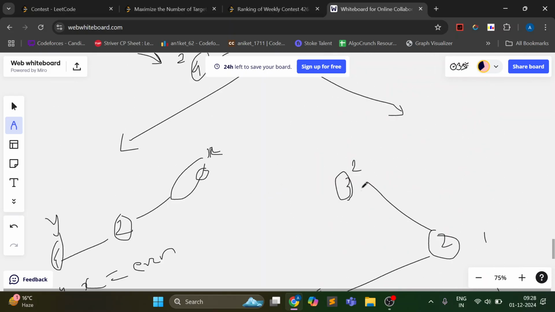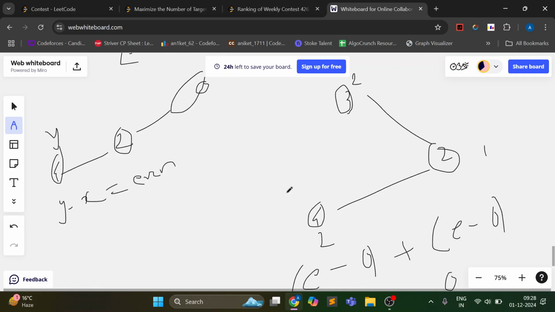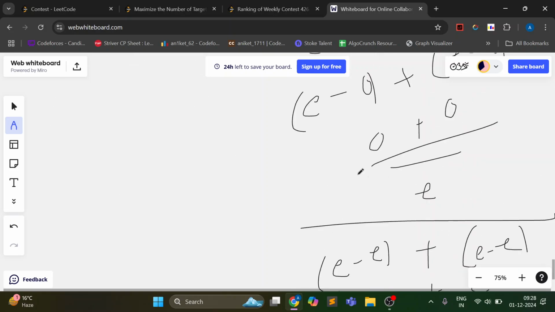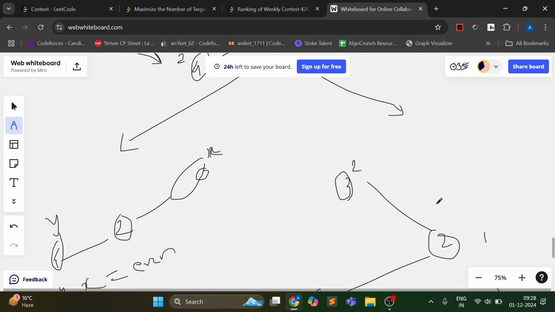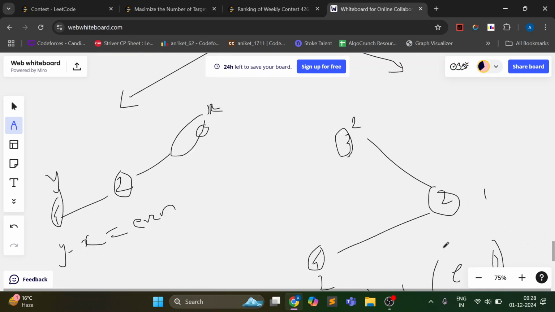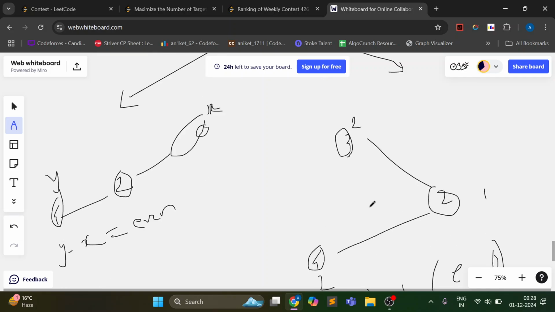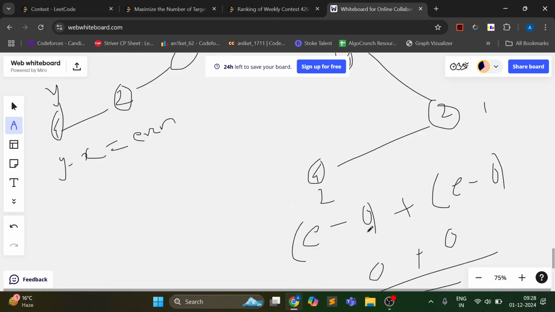So the number of edges between two nodes which have even levels would always be even. We have considered all the cases. This is an intuition-based proof, so try to understand it by considering all these conditions.